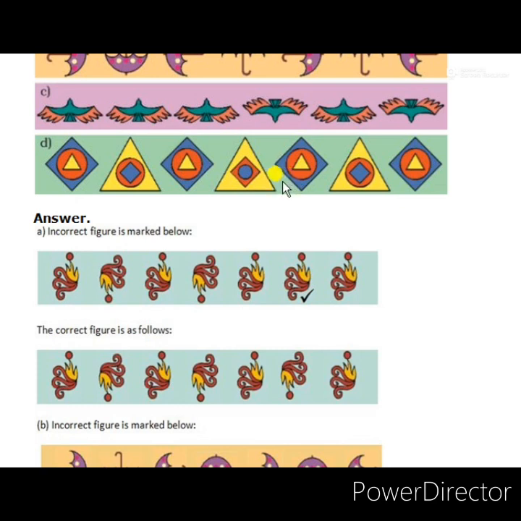Now you see whether all the diamond shaped designs are the same or not. The first one, see, purple color, orange color, and yellow color. Yes, the second one also shows the same pattern: purple, orange circle, and after that a yellow triangle. The third diamond also gives the same pattern, and the last diamond shape is also the same.